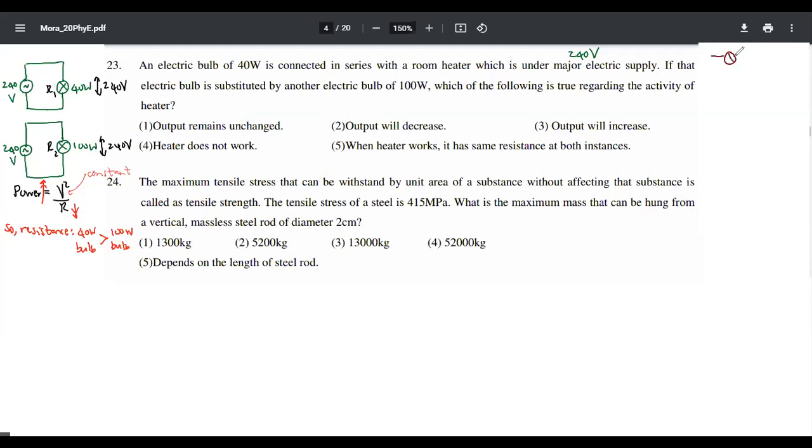I have a bulb, I have a heater, and I have connected it to a 240 volt power supply, same voltage. And then again, I have another bulb and heater, but the power supply is the same, 240 volt. Tell me what will happen, people. The heater will have a constant, fixed resistance.